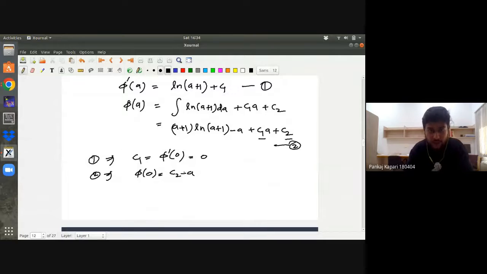Okay, this a is not here because we are putting a equal to 0, right? So this a is not here. This is just c2. Okay, so phi of 0 is c2, which is again 0.